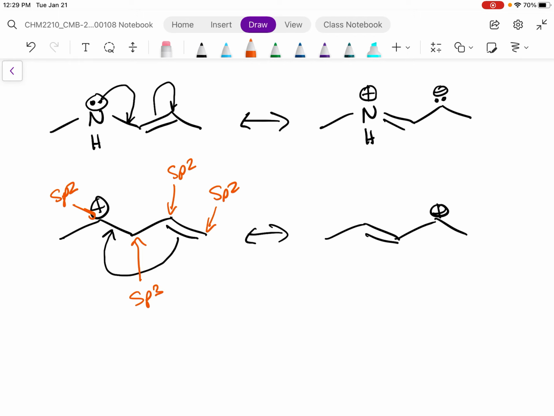If I'm trying to bring these electrons clear over here, it doesn't skip. It actually goes through the bonds. Since this carbon right here is sp3 hybridized, there's no empty p orbital for the electrons to get dumped into. So this pi bond right here is just stuck in that spot. It cannot move.